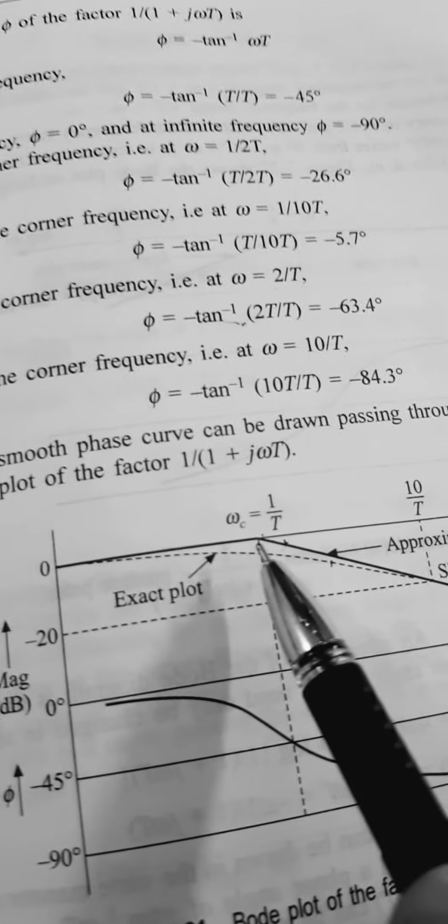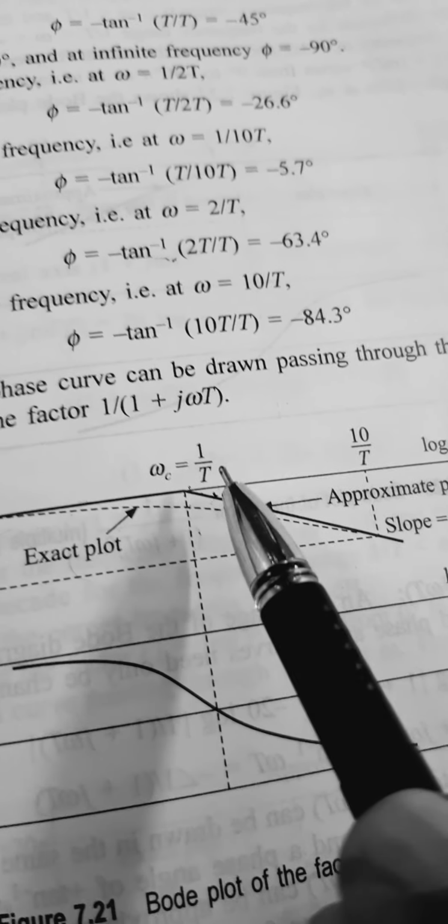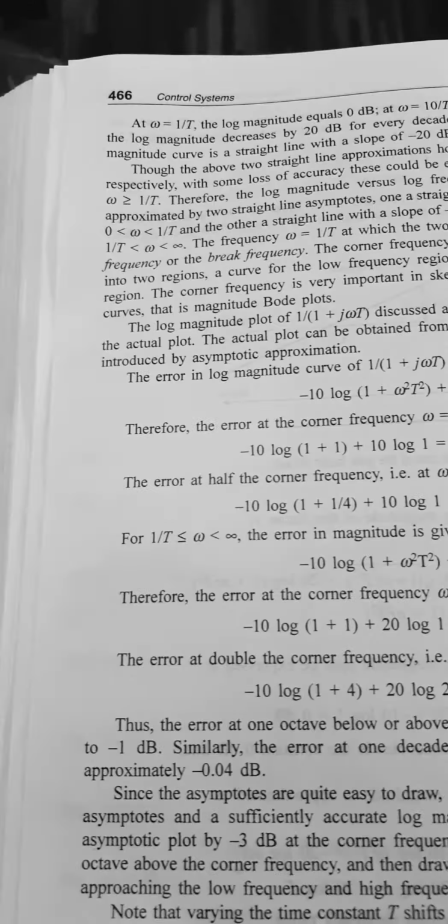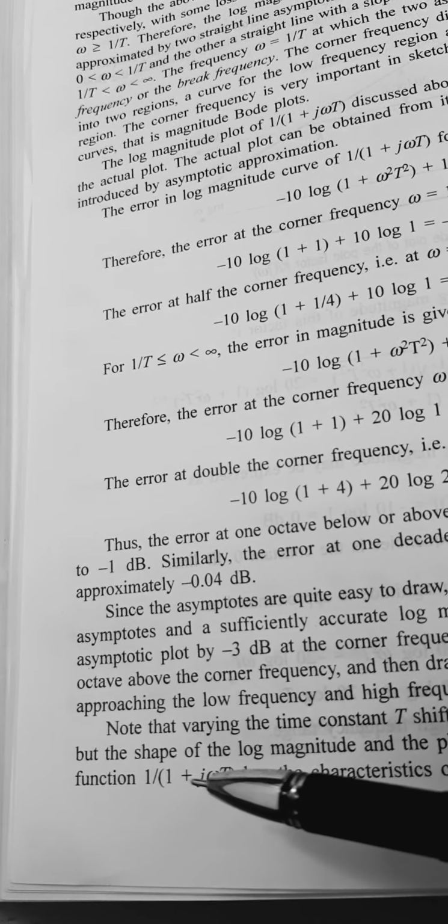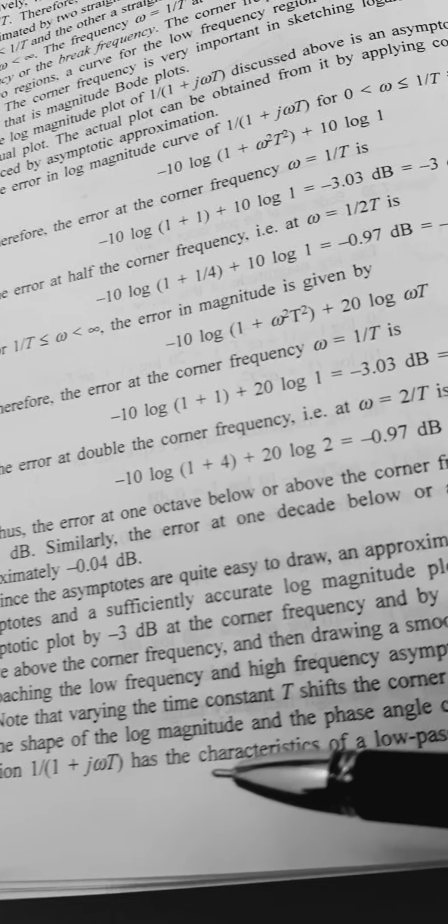After the adjustment, the corner frequency may shift. The transfer function 1 divided by 1 plus j omega T has the characteristics of a low pass filter.